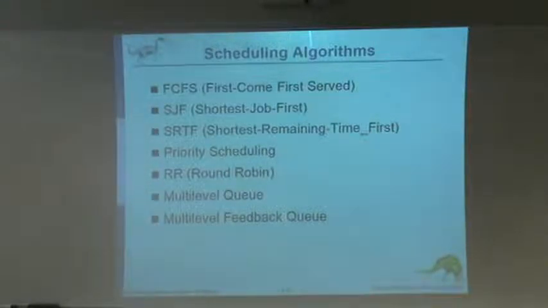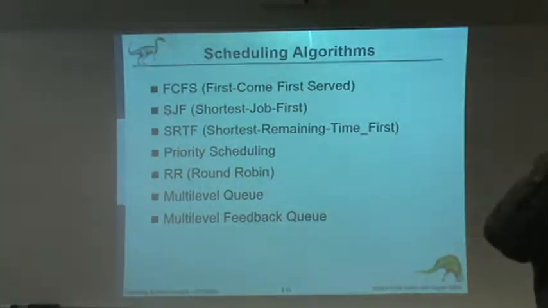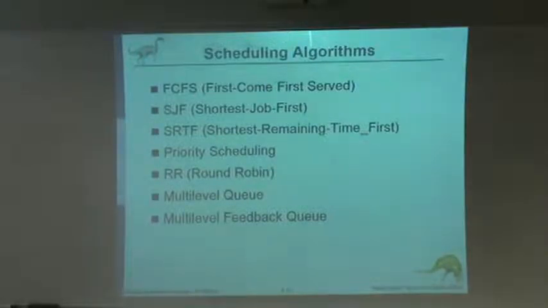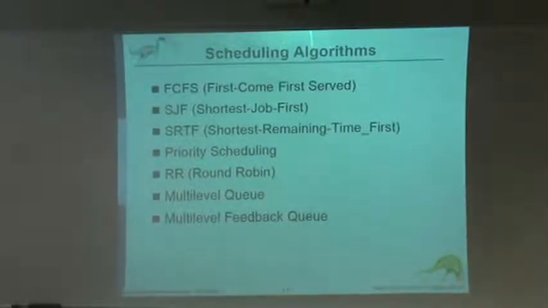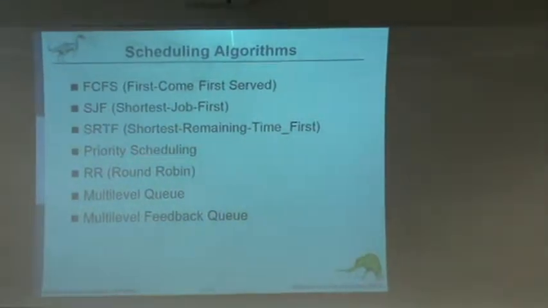Normally, most operating systems use 0 to 15. However, Windows uses 5 different levels, as we have seen before, such as real-time or low priority, something like that. So we can assign such a priority.